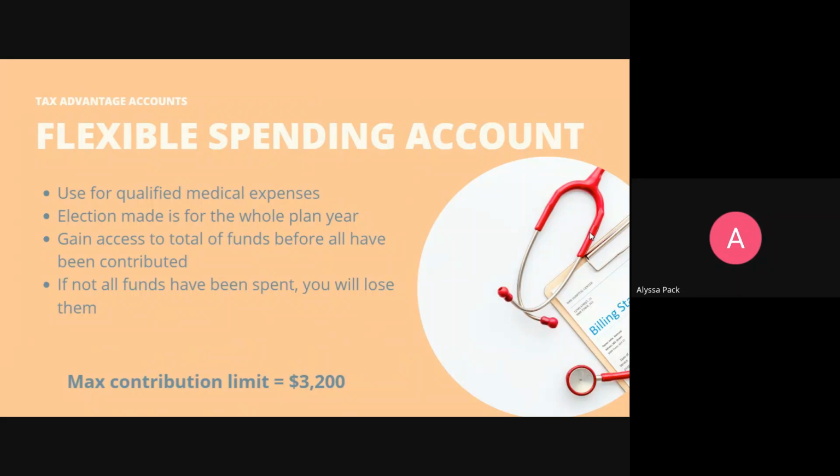Maybe after the first month, you've only contributed $96 or whatever it is. You're actually able to access that full $1,000 right away for any upcoming medical costs that might occur before you've contributed the full amount. However, with that clause, if you have not used all funds by the end of the year, you do not get to keep them. It does not roll over, you'll lose them. So just make sure you utilize all those funds by the end of the year.